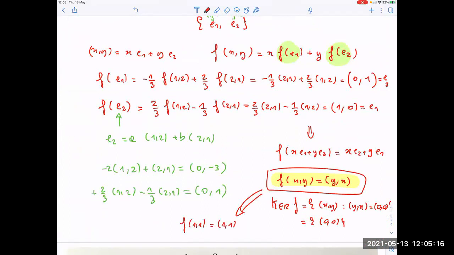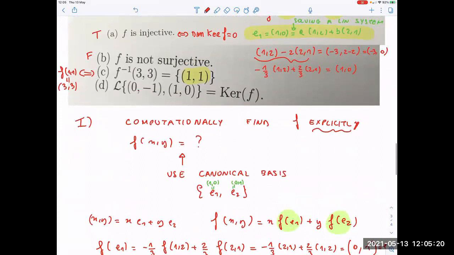So this is an eigenvector, right? So it's not (3, 3). And so you can say that D is false. And finally, we are saying that the kernel is this one. Well, this means that f of this is 0, f of this is 0, and the kernel has dimension 2. So we know this is clearly false.